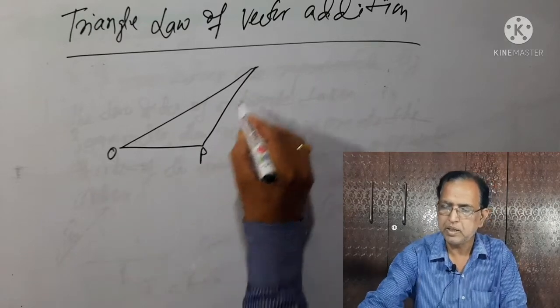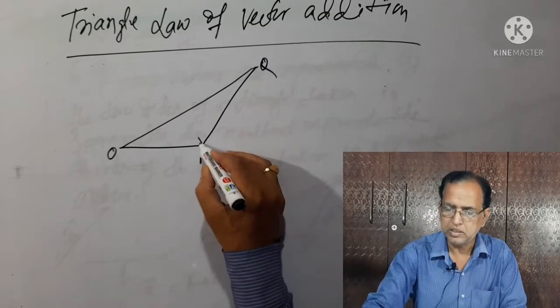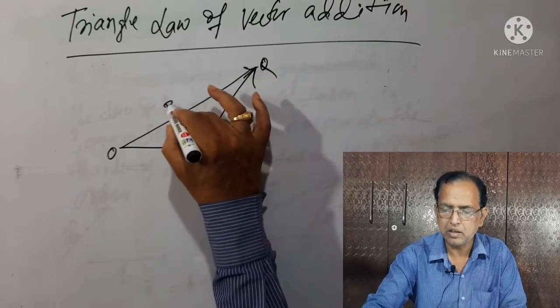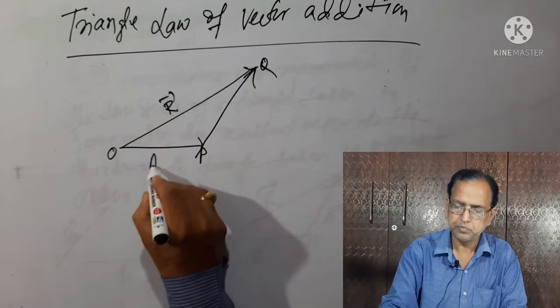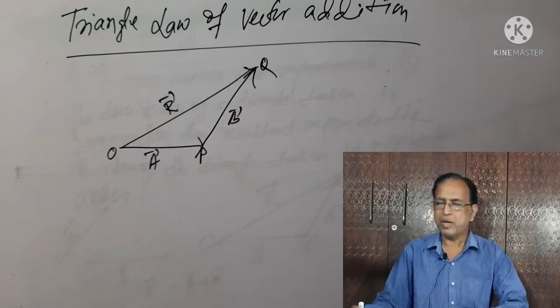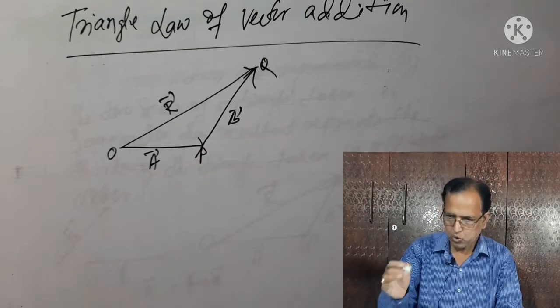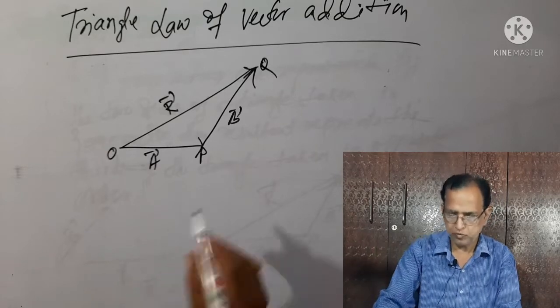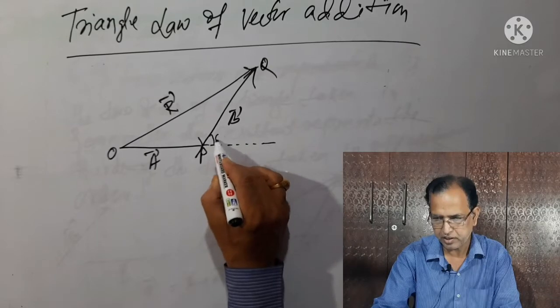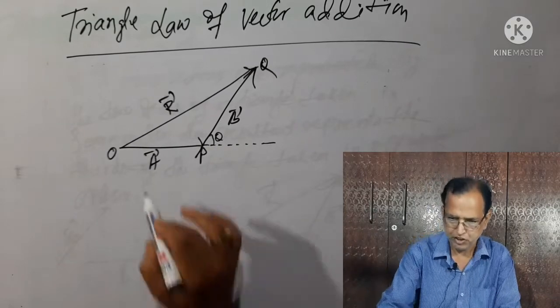O, P, Q. This is vector A, this is vector B, this is the R. What is the angle between the two vectors? This angle is theta. This angle is beta.